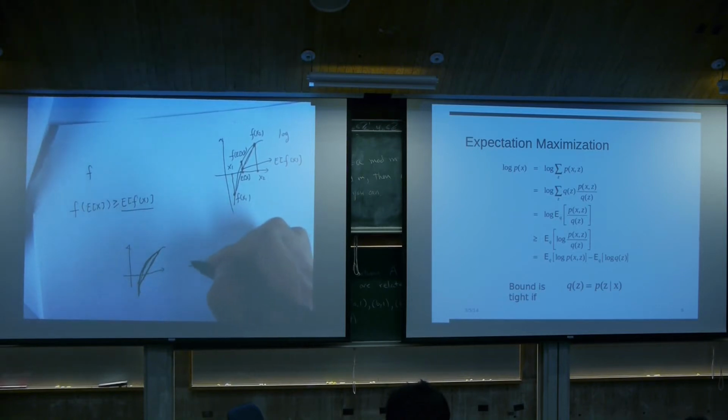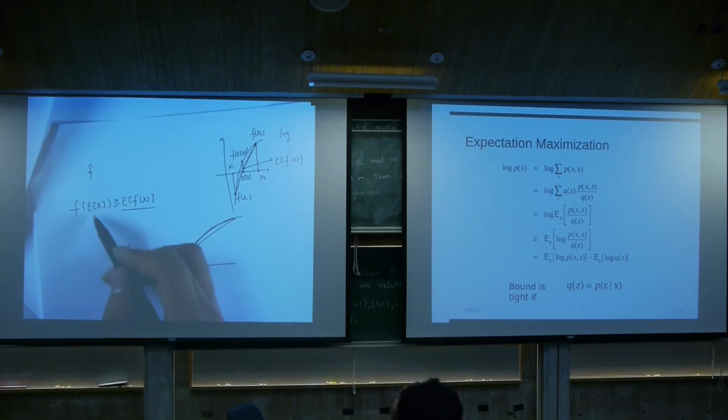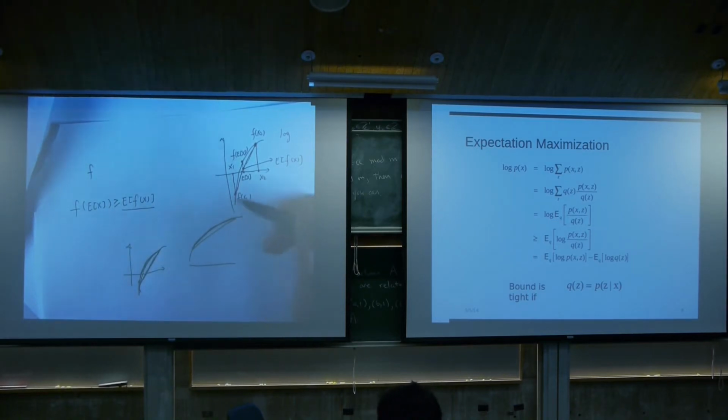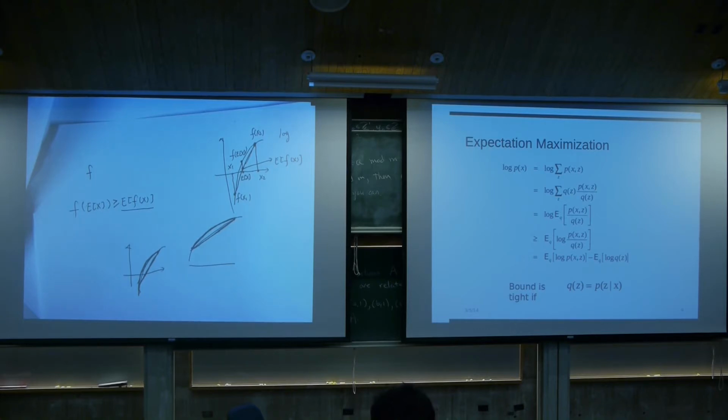Let's take another example. You can think of f(E[x]) as the graph of this function, and the expectation of f(x) as the chord connecting these 2 points. And the function graph is always above this chord, as the function is concave. Any questions here?